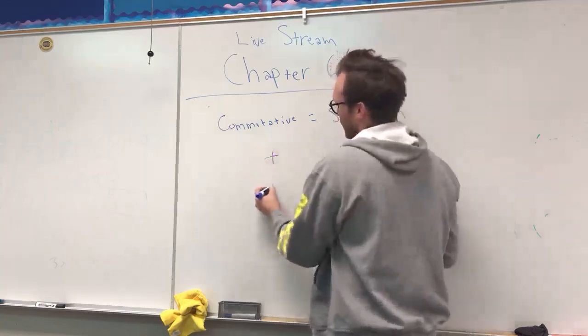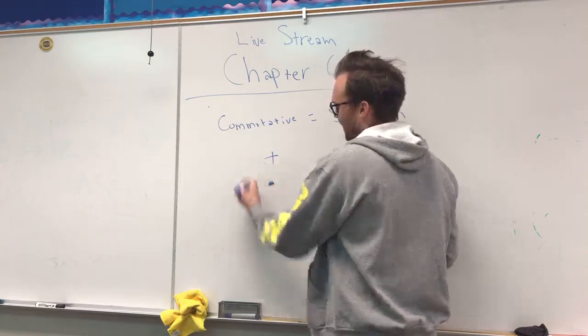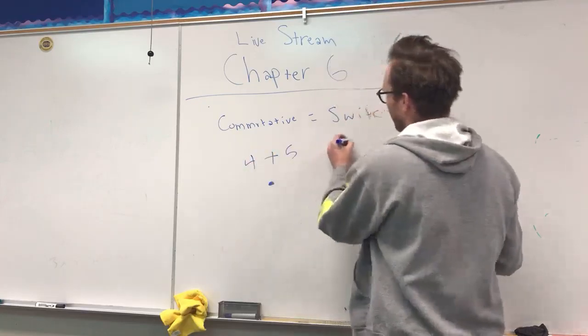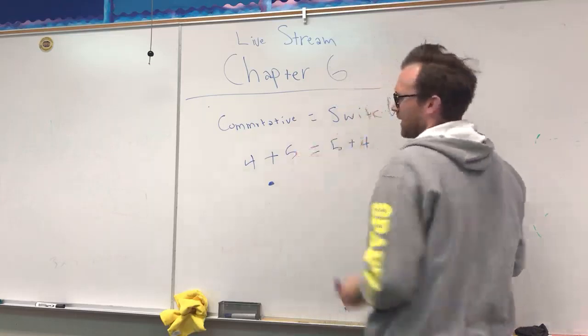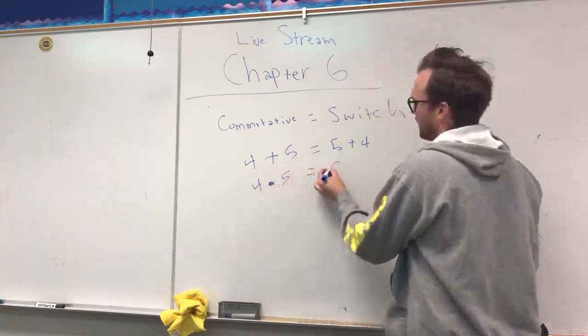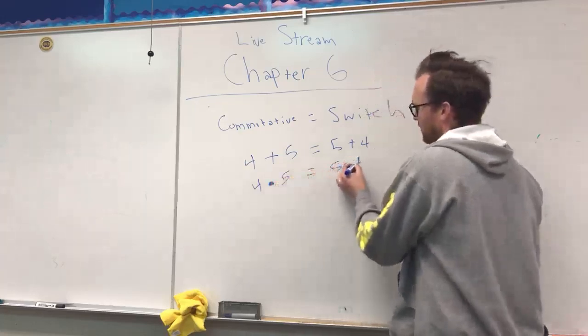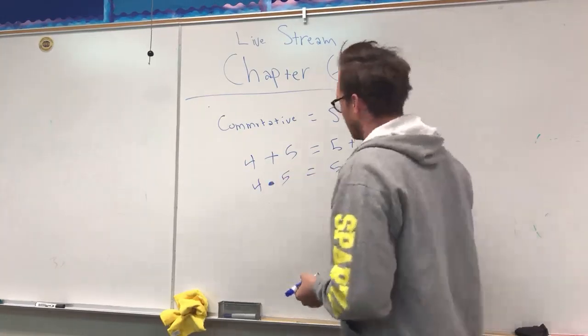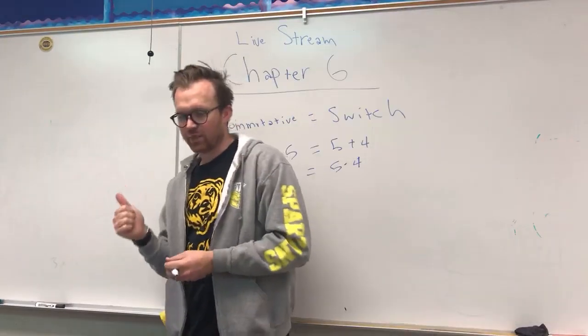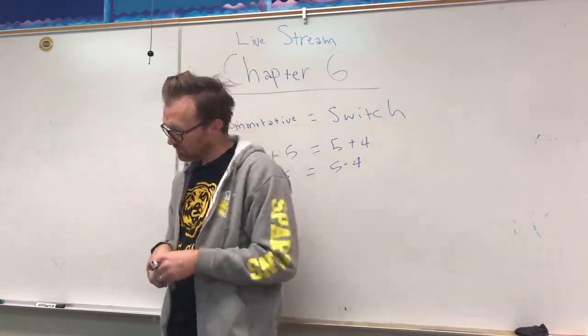You can switch with multiplication and addition. I can do 4 plus 5, I can do 5 plus 4. They're equal. I can do 4 times 5, that's 20. I can do 5 times 4, that's 20. They're equal. So those are my examples. So on part A, only multiplication and addition would be true.